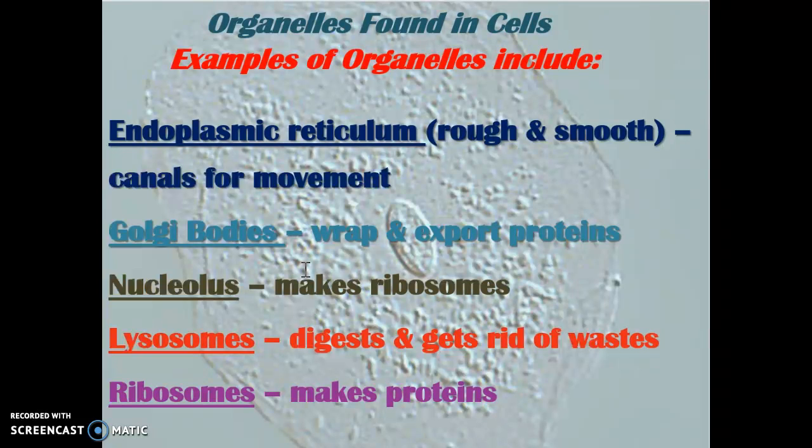Nucleolus is within the nucleus, and it produces the ribosomes. Lysosome, a zome is a vesicle basically. Lysosome is a vesicle which contains lytic enzymes, or enzymes which break things up. And it's kind of like, as someone in their presentation said, the stomach of the cell. Digests it, and then it gets rid of the waste. And then ribosomes, first word in ribosomes is ribs. When you order ribs, you're really not eating the bones, you're eating the muscle, which is protein.